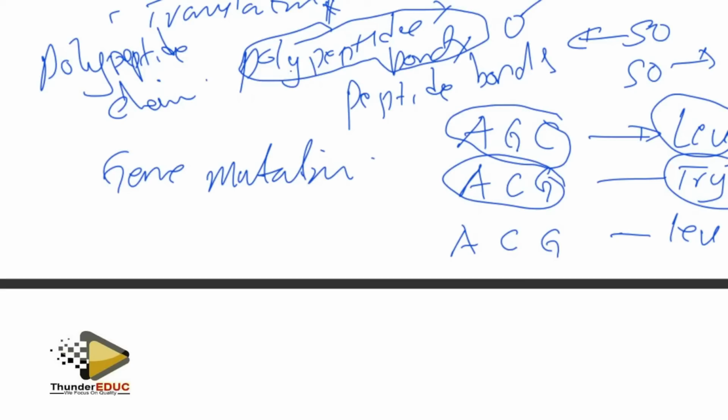So you have to tell us that when AGC is changed to ACG, tryptophan will be added to the polypeptide chain instead of leucine. This leads to a different protein or different functioning of a protein. Mentioning this is a tick, and mentioning different protein is another tick, because this question is always 3 marks.